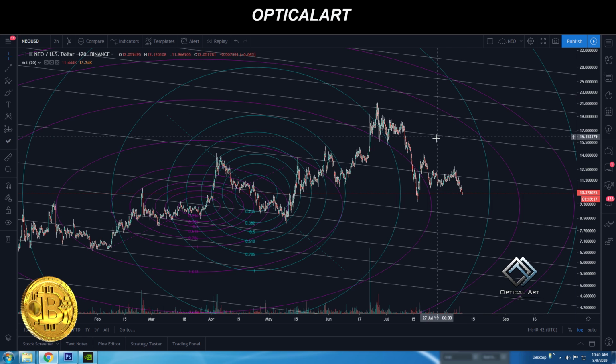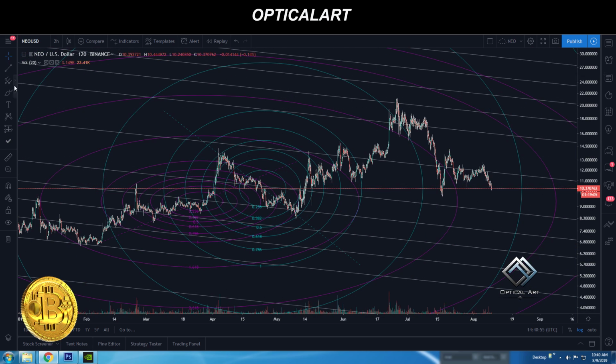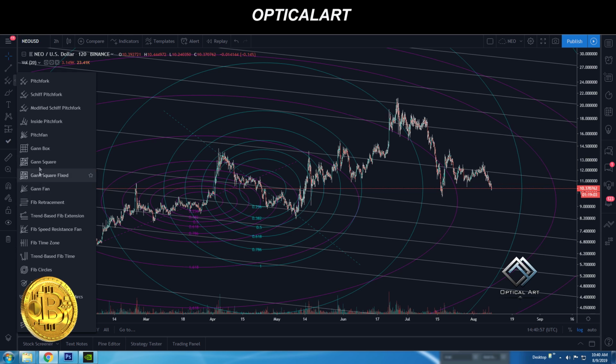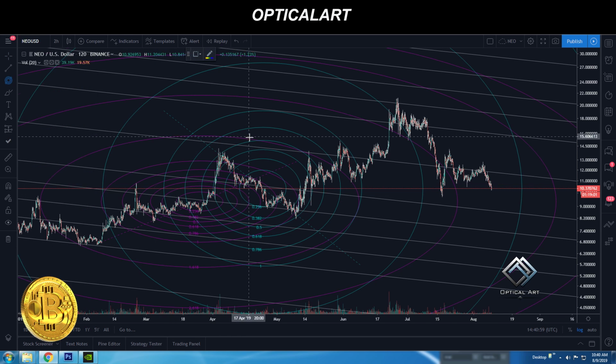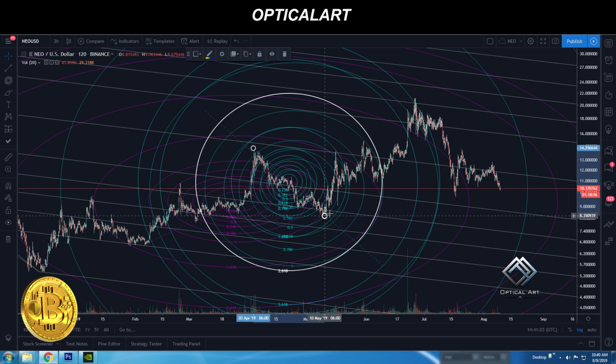Go in, and if you don't have a TradingView account, create one. Put in whatever altcoin or BTC, whatever exchange you want. Just start drawing some Fib circles. Typically when you draw a Fib circle, you go from a high point to a low point, and that would suffice.